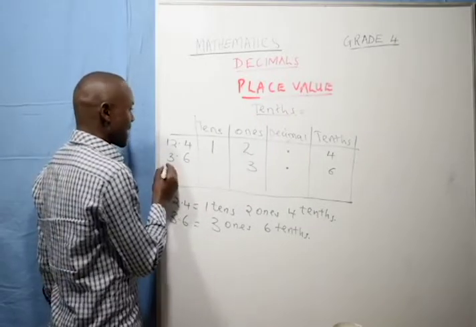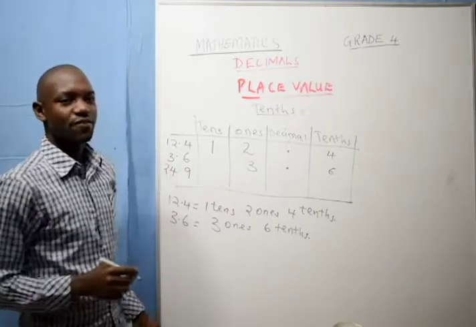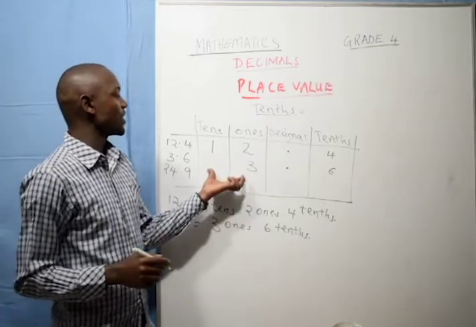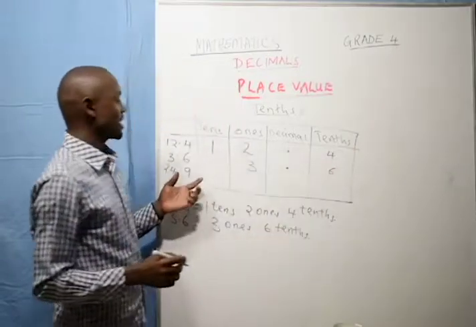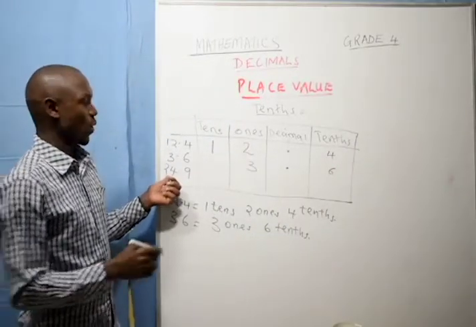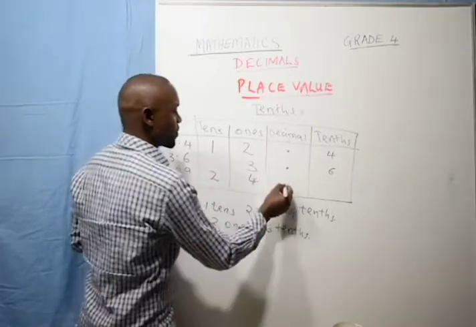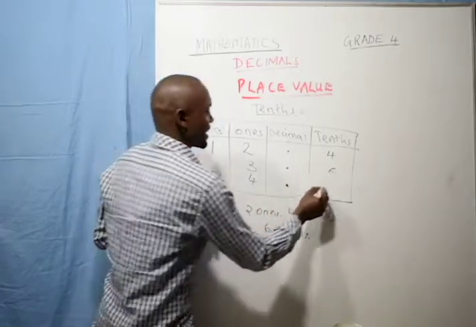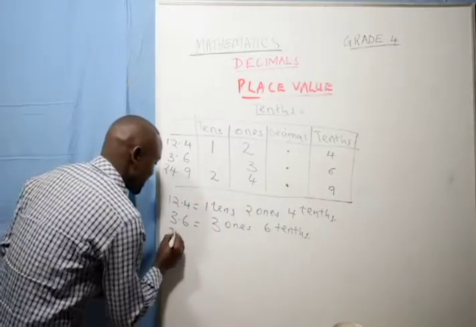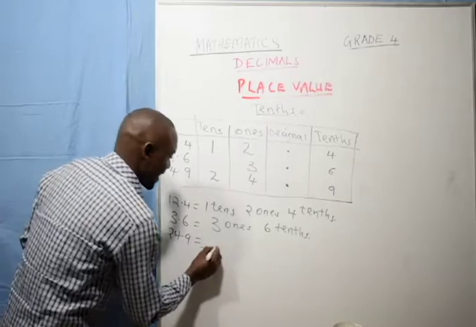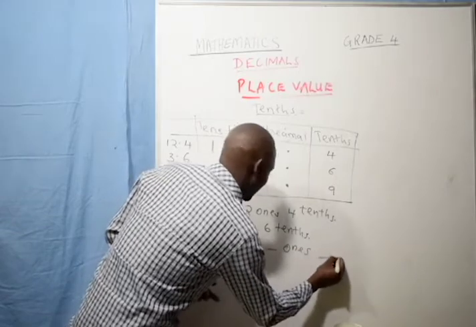Then we can have another number like 24.9. How are we going to fill 24.9 in this place value chart? 2 will be in the tens place value, 4 in the ones place value, then we have the decimal point, and 9 in the tens place value. So 24.9 is represented as dash tens, dash ones, and dash tens.